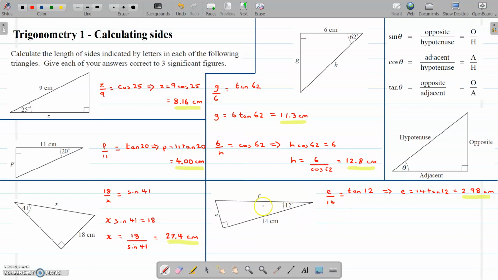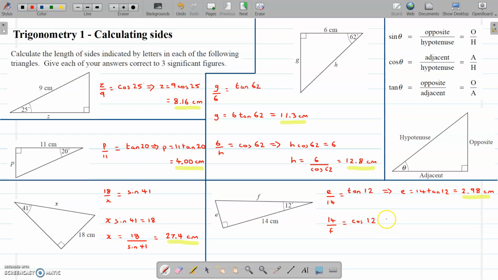Finally, angle F, we can say that F is the hypotenuse and 14 is the adjacent. So it's cosine, and we've got the unknown underneath the fraction again. So 14 over F is the cos of 12 degrees.